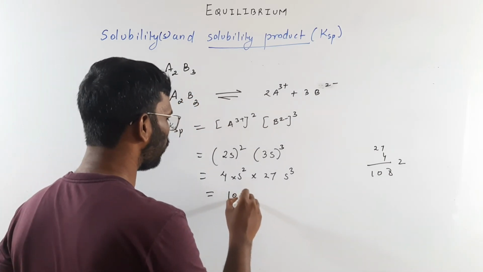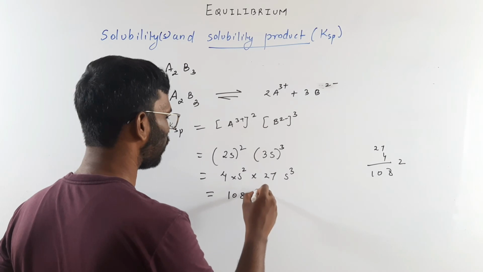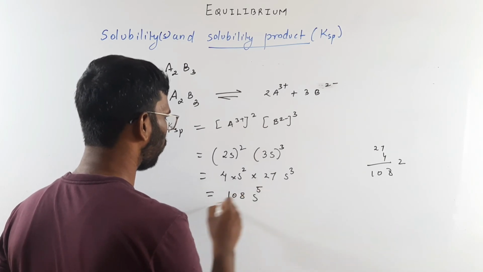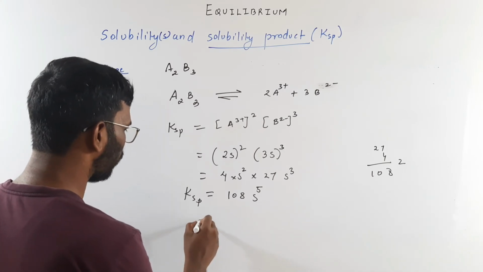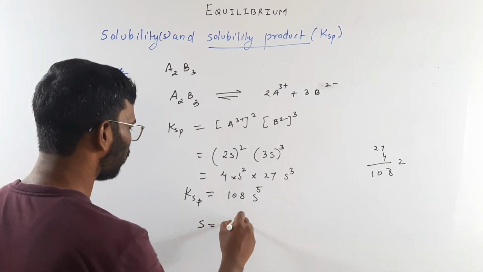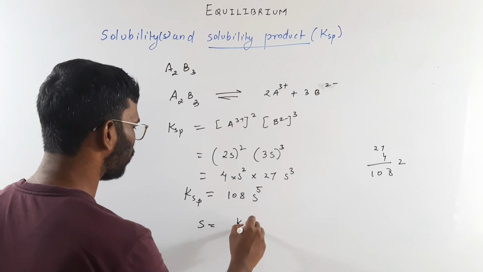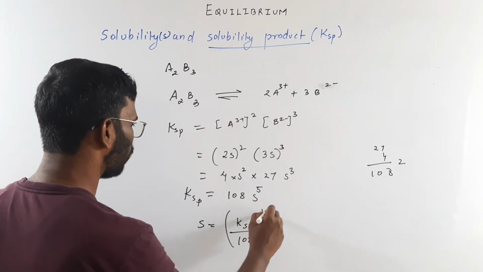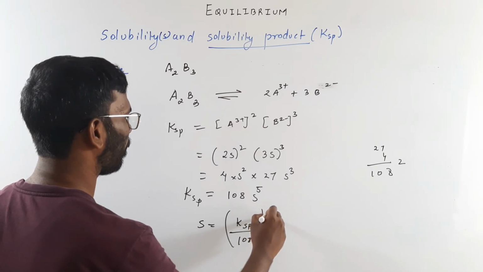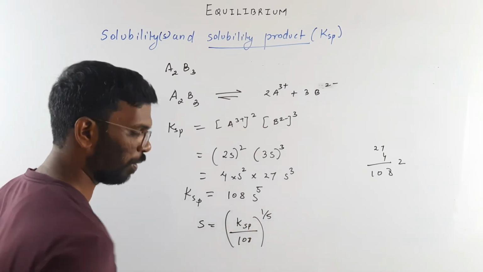So this is 108 S raised to 5, which is equal to KSP. So S is equal to KSP divided by 108, raised to 1 by 5.